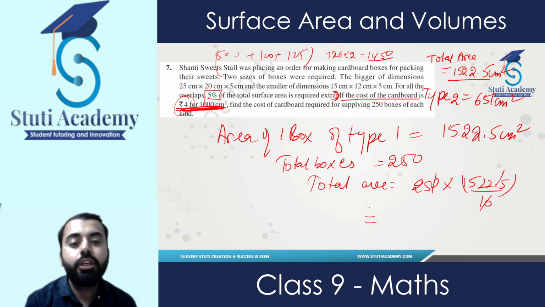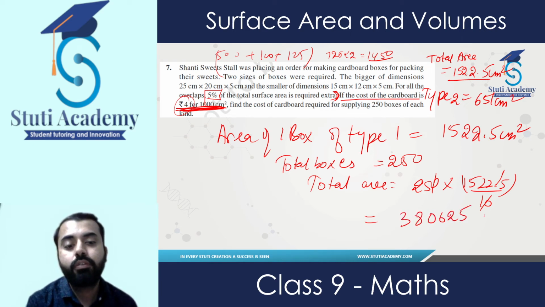You have 25 into 152.25. You get this, 38062.5, right? That is the total area of this one.